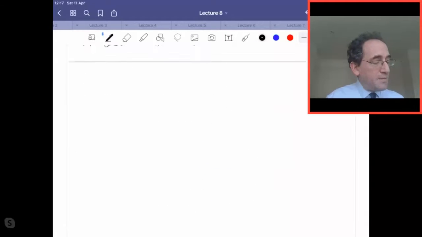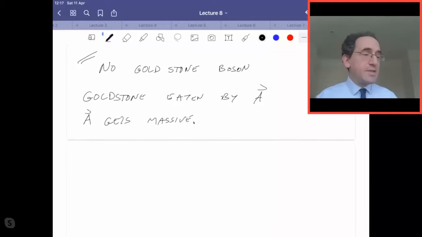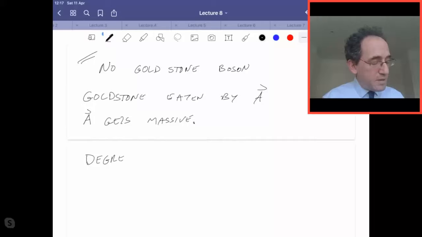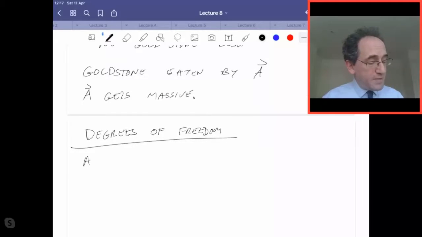Okay? So it's worth, just for a second, counting the degrees of freedom that we have in the problem, to make sure we haven't lost anything. And above TC, what do we have?